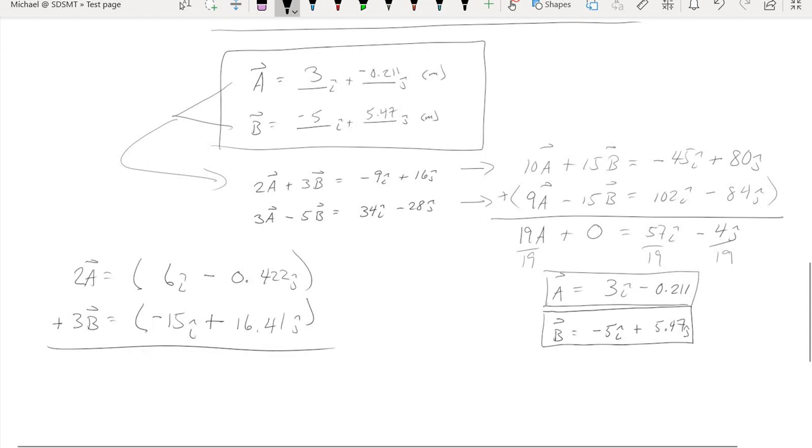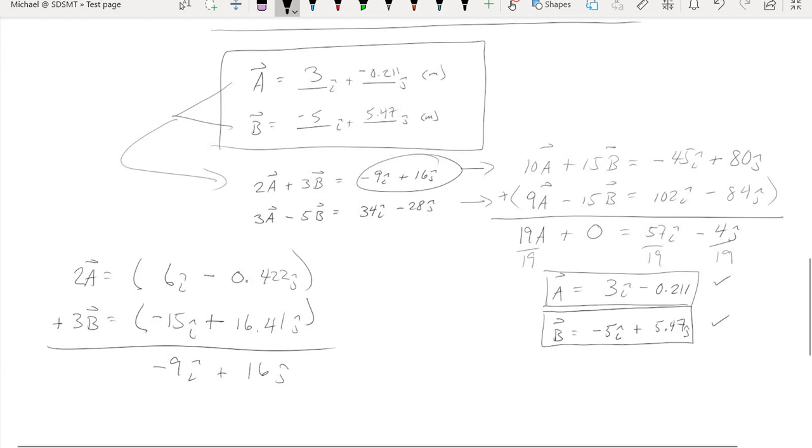And so if we add those together, we have 6 and negative 15 makes for negative 9. And then we have a negative 0.422 and a positive 16.41, which gives us approximately exactly what I need. So I'm going to go ahead and assume that I have the right answers here, just because with my decimal values, I had to cut off those decimal values at some point.